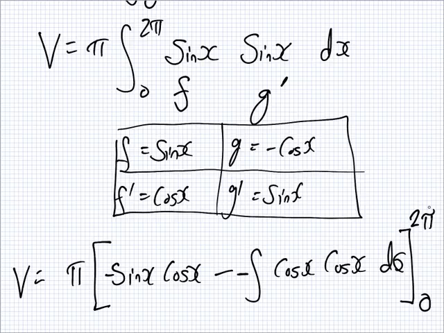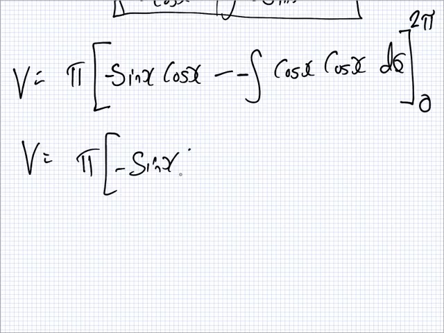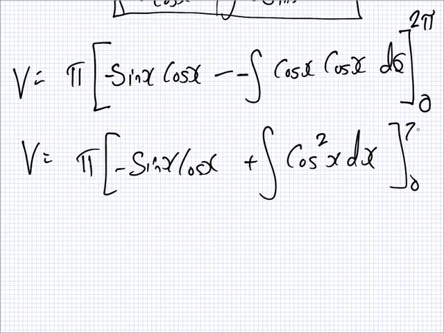Okay. Continuing. So volume will equal pi minus sine x cos x plus integrate cos squared x dx, 0 to 2 pi. So what do you think we could do next?